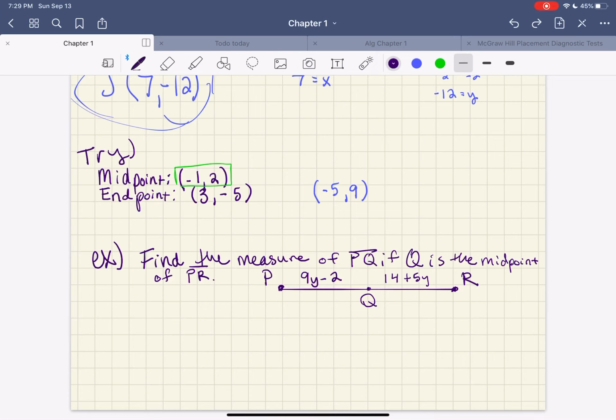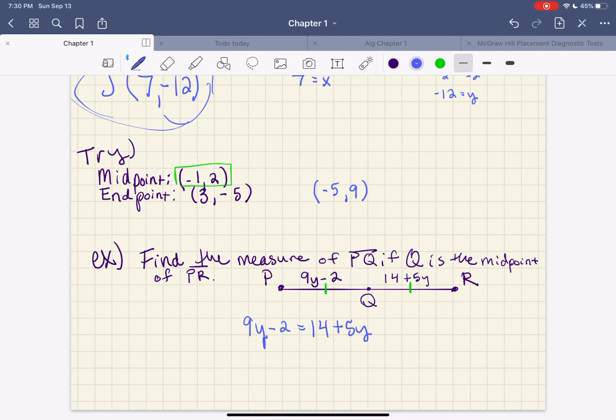And if it's exactly halfway, it cuts it in half, also known as this segment and this segment are congruent. Now, if they're congruent, that makes our lives significantly easier. We can just say, well, that means that 9y minus 2 has to be equal to 14 plus 5y.